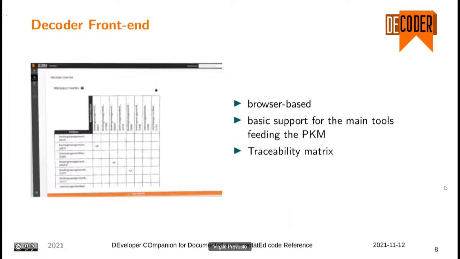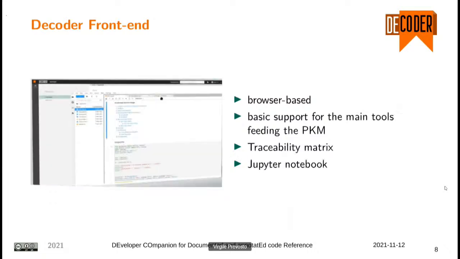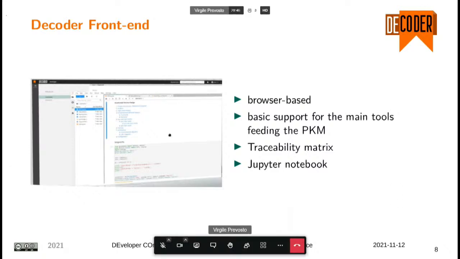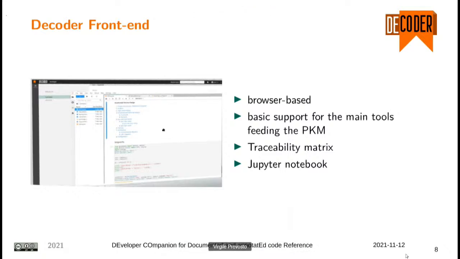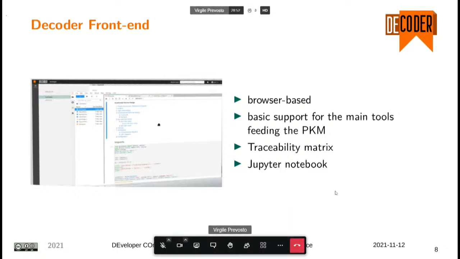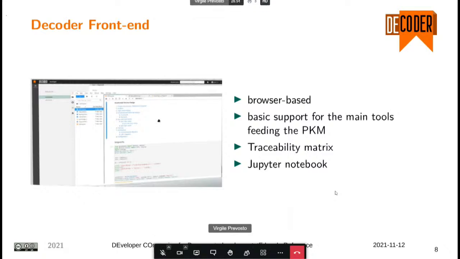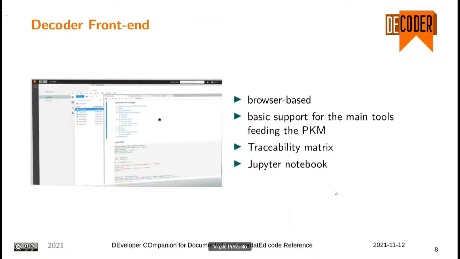You can also have a view of the traceability metrics from high-level requirements to code in order to check that your requirements are fulfilled. And there's also a possibility to have a Jupyter notebook indicating everything that you've done in a session with interaction with the PKM.